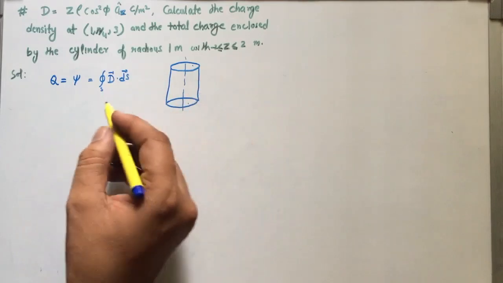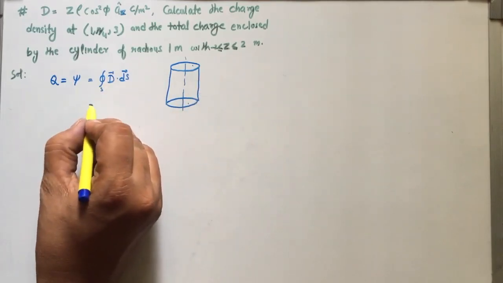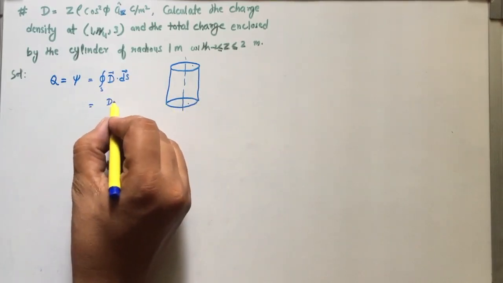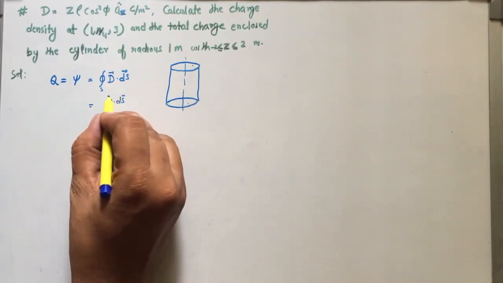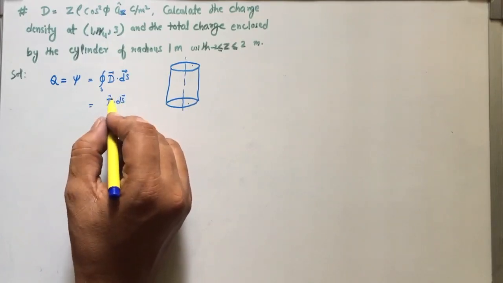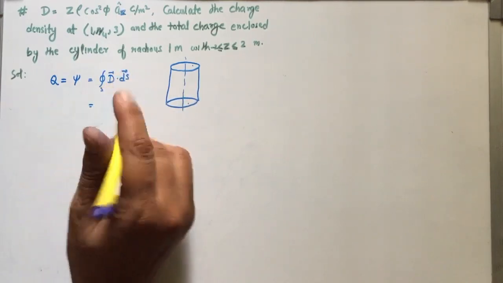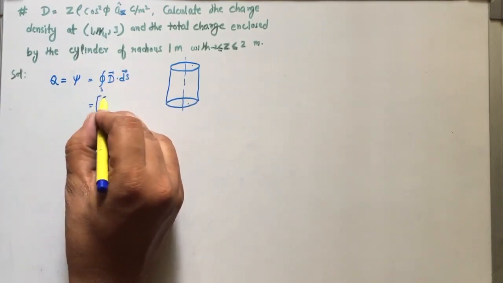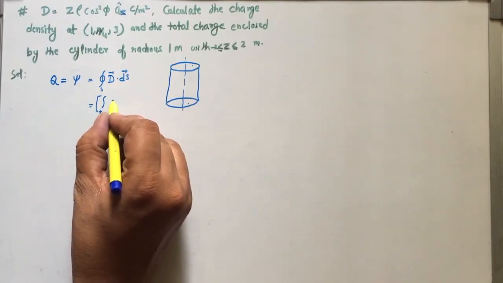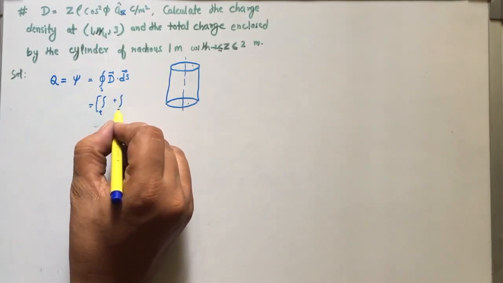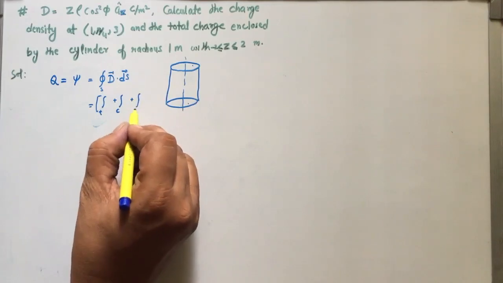So for the closed surface we can write D dot dS as the sum for the top, for the curved, and for the bottom.